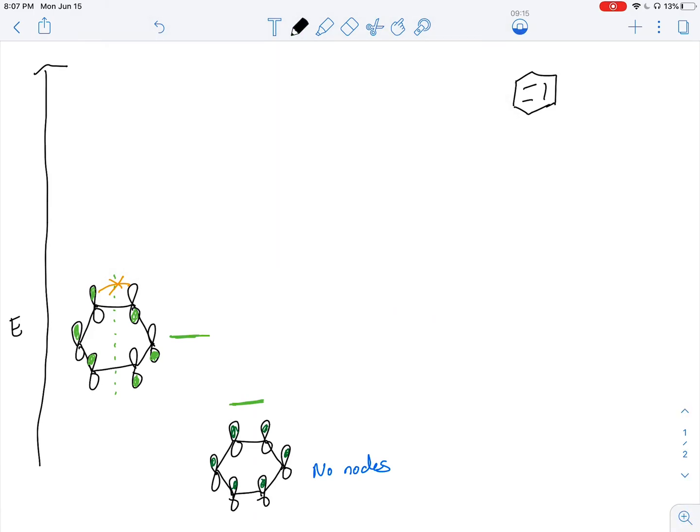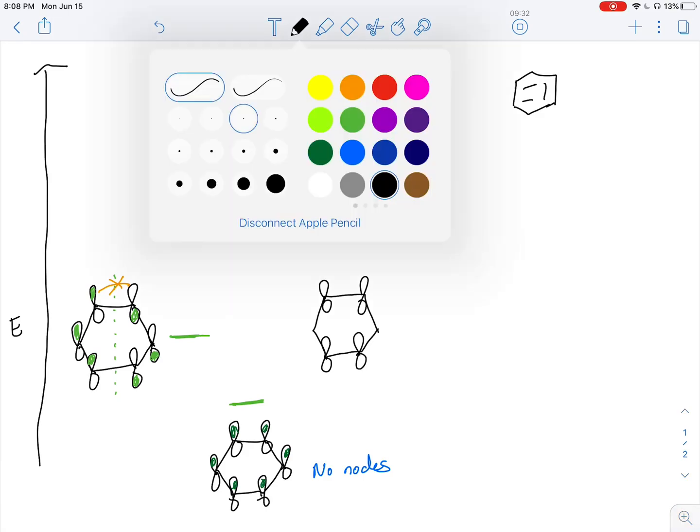Now, just like we can cut the molecule vertically, we can also cut it horizontally, and we would get molecular orbitals that look like this, right?